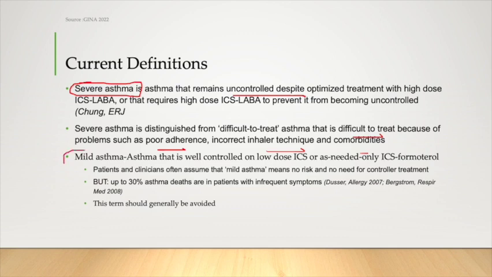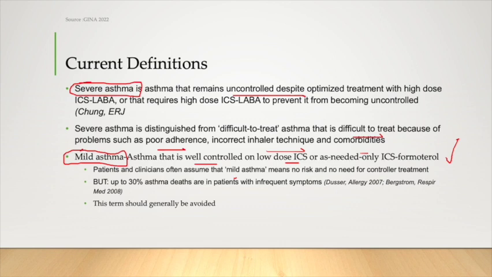A lot of emphasis has been given on the mild asthma definition. Mild asthma is asthma which is well controlled on a low dose ICS or as needed ICS formoterol. But patients and clinicians should not assume that mild asthma means no risk and no controller.